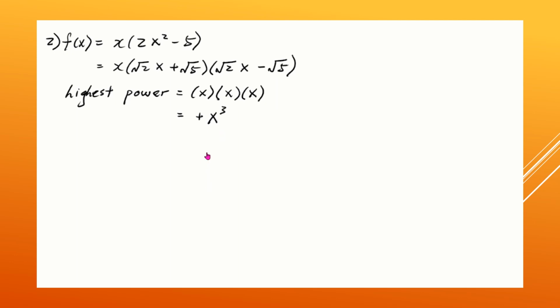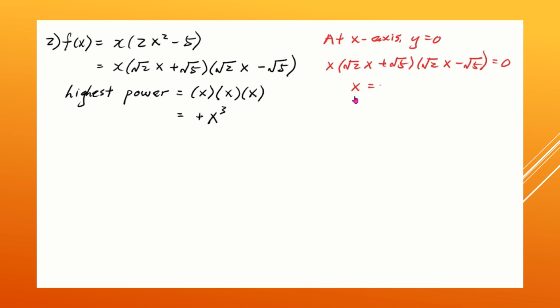Next, we need to find the values of x at the x-axis. At the x-axis, y is equal to 0. So x multiplied by square root of 2 x plus square root of 5 multiplied by square root of 2 x minus square root of 5 is equal to 0.